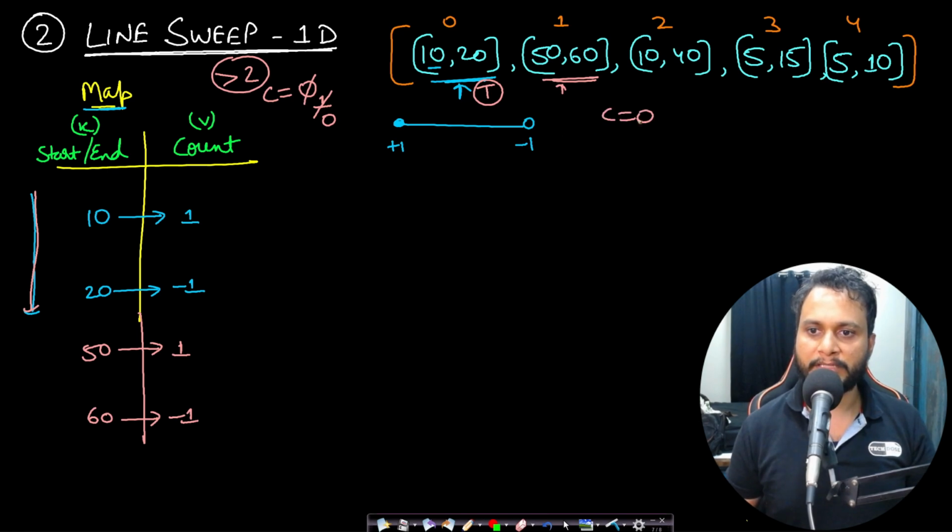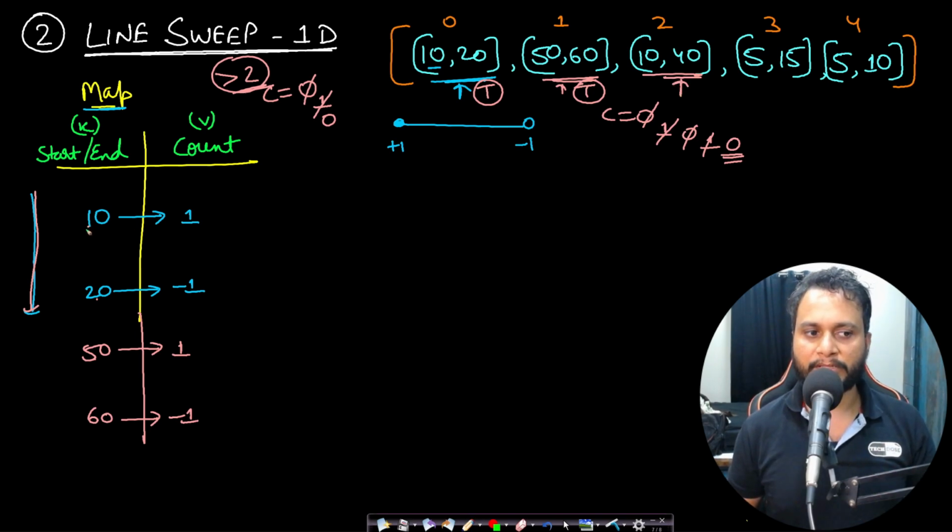The count value will start at 0. At 10 it is incremented because an interval is starting. At 20 the interval is ending, so this becomes 0. At 50 an interval is starting, add 1 to it, and at 60 the interval is ending, it will be -1, so it becomes 0. At no point did we exceed the value 2, and that is why this is also allowed, return true.